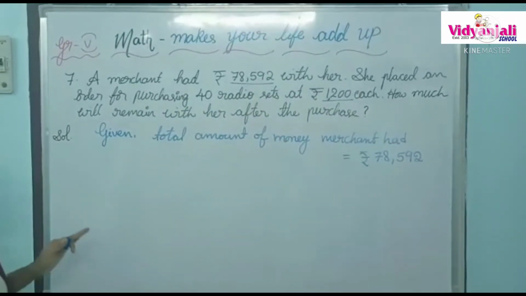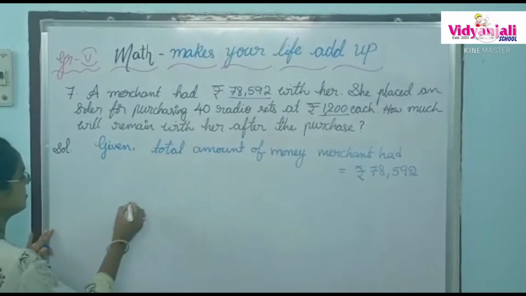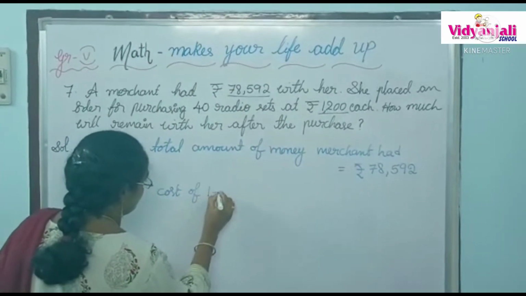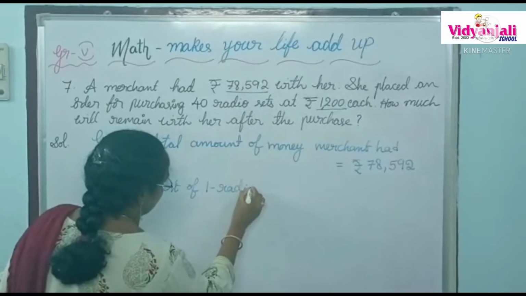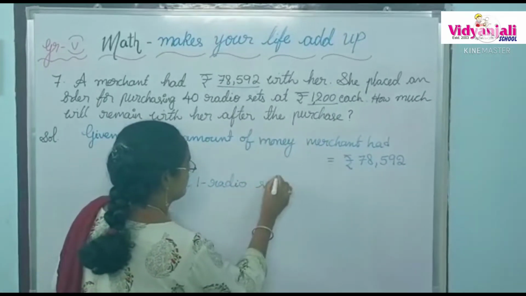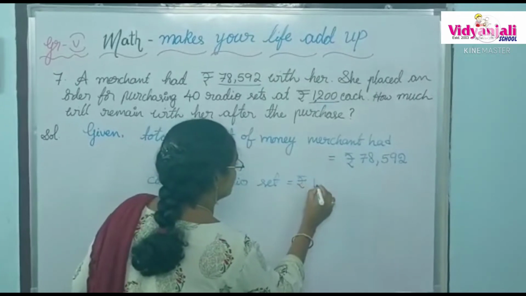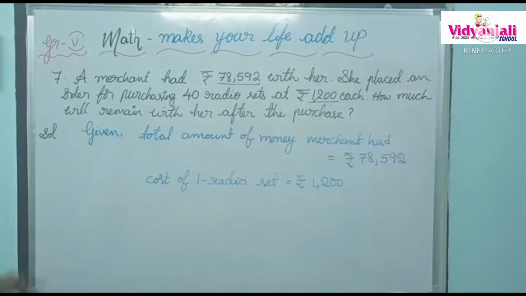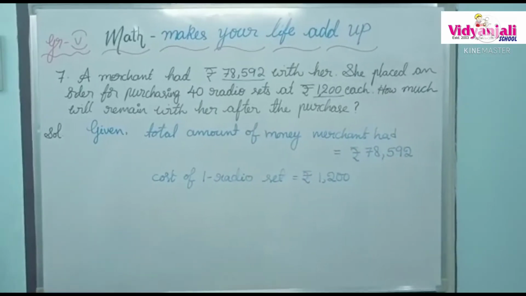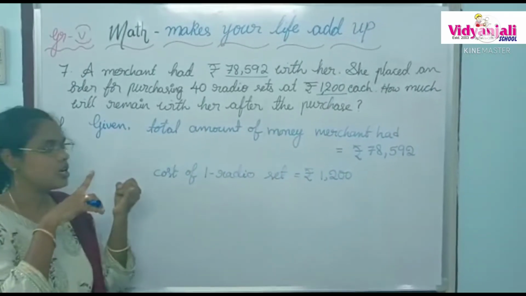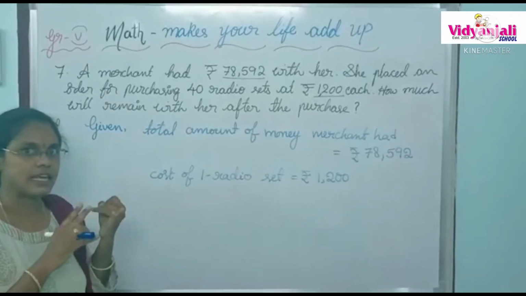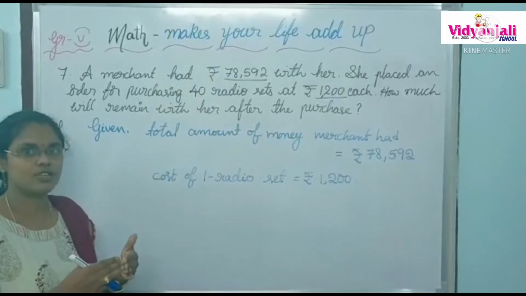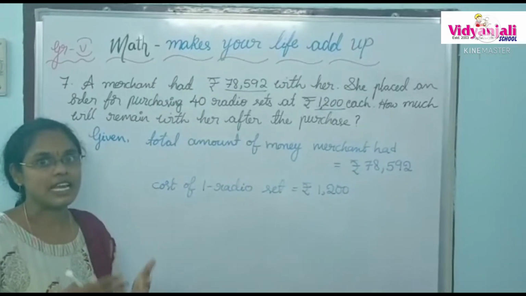Then the cost of one radio set is 1,200 rupees. So this is the given information. And then what do we have to find? First we have to find the cost of 40 radio sets, and then subtract it from the total amount to see how much will be left with the merchant.